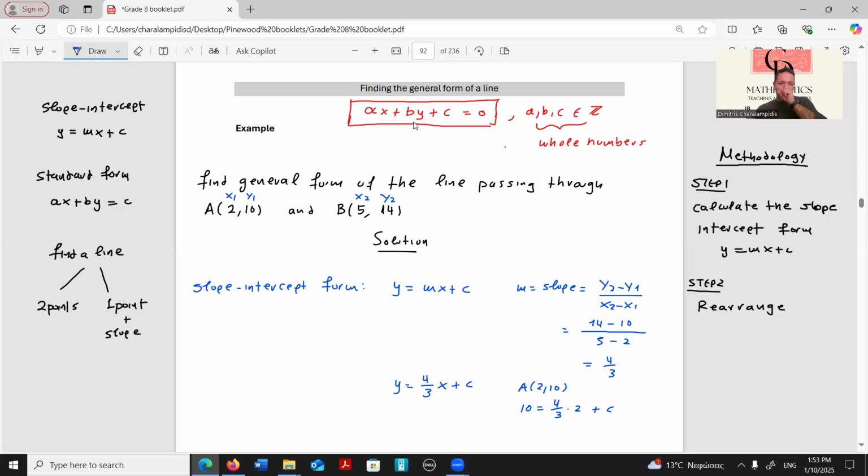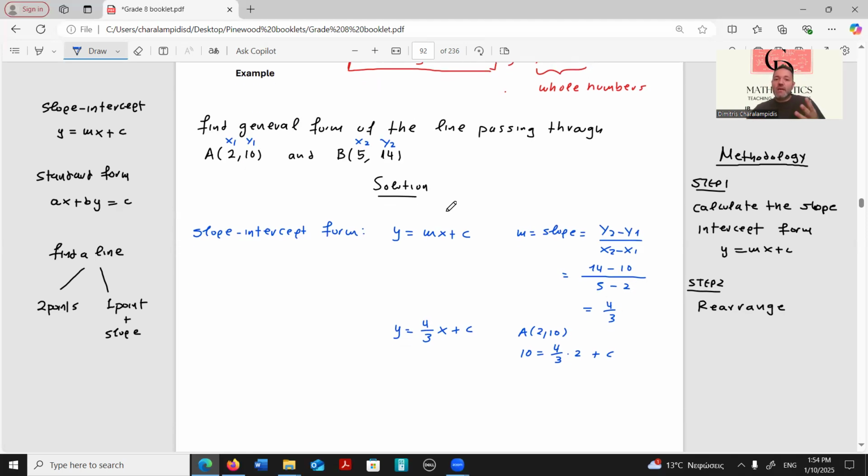This means that if I take the coordinates of a point, in this case 2 and 10, and substitute them in the corresponding places in the line's equation, 2 is the x coordinate, so I substitute it in place of x, and 10 is the y coordinate, so I substitute it in y. Since we start from the fact that this point does lie on the line, whatever we get is a true statement.